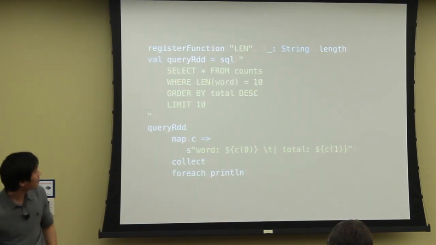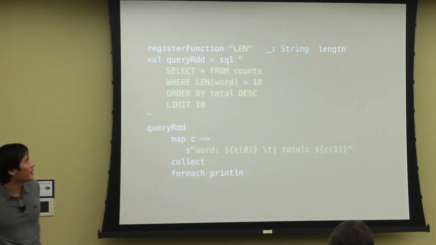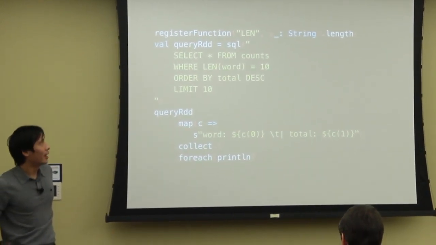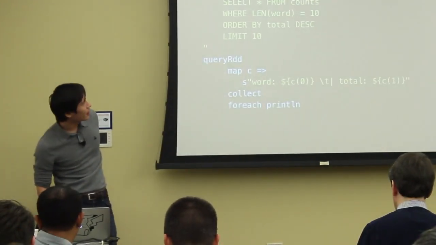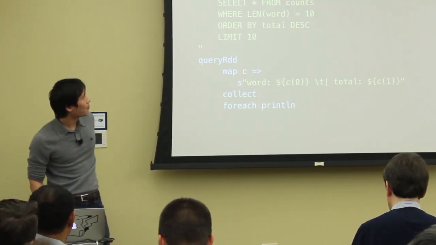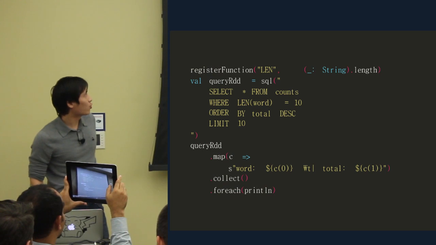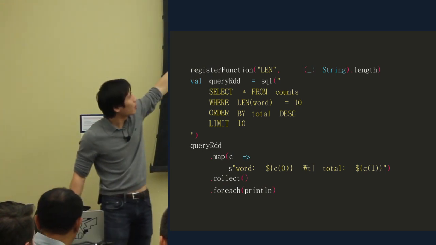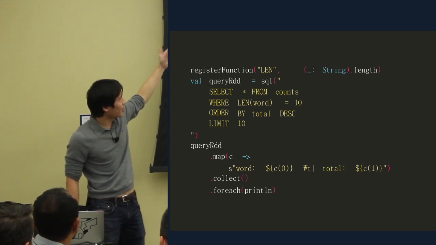So the next thing is, well, what if we want user-defined functions expressed in Spark SQL? Well, that's really easy. You just call register function, give it the function name, and then what you want the function to do. And then you can just refer to it in your string SQL. So as you see, we define length, which calculates the length of the string.